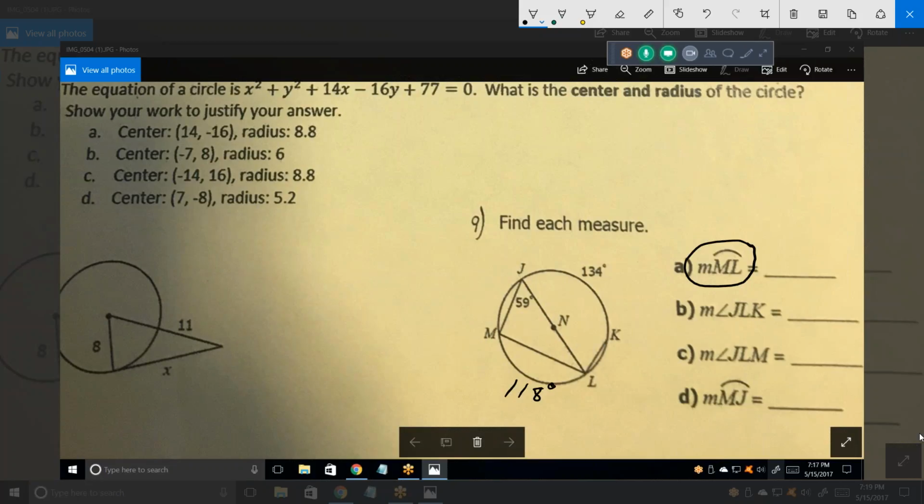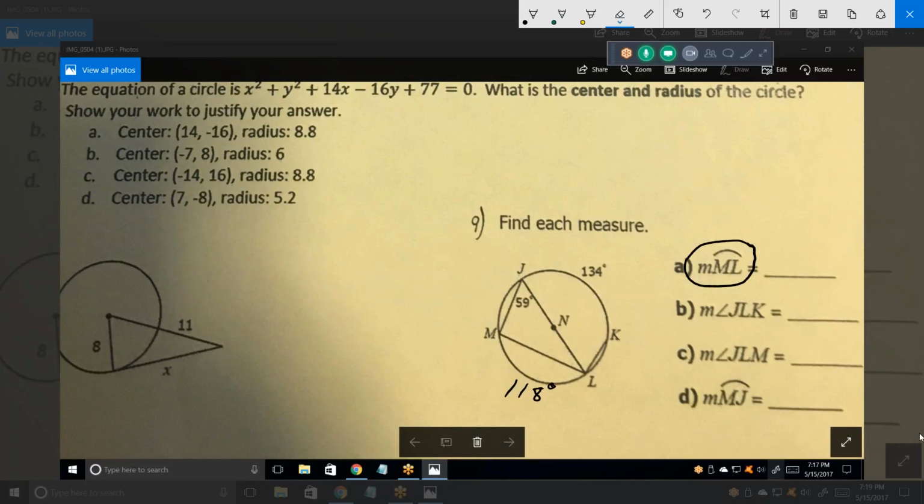Now, let's do JM since they're going to ask about it eventually. Plus we can, oh, no, we can't do it yet. Yeah, let's go in the order that they request. There must be a rhyme or reason for them doing it like that. So what's the measurement of JLK?